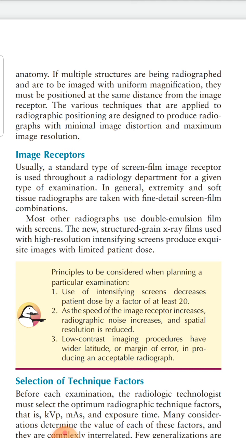Next, you have the image receptors, and usually a standard type of screen film image receptor is used throughout the radiology department for a given type of examination. We know that nowadays we use a screen film combination as image receptor, and in general for the extremity and the soft tissue radiographs you use the fine detail screen film combination, and we know that we use the double emulsion film with screens.